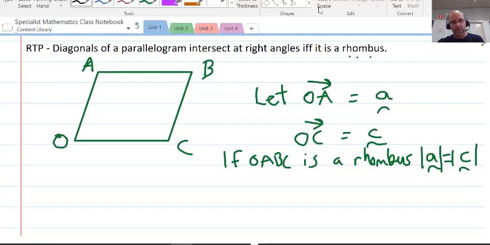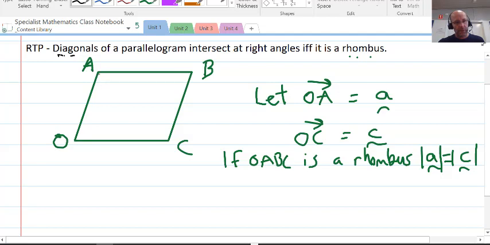Okay, we're talking about diagonals. So we're going to generate some diagonals. I'm going to generate this diagonal, and I'm going to treat it as a vector. I'm going to generate this diagonal over here as a vector.